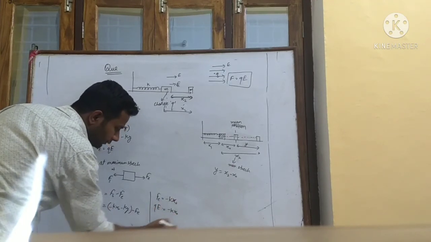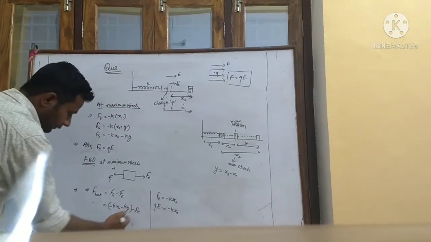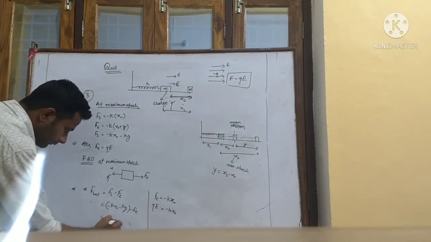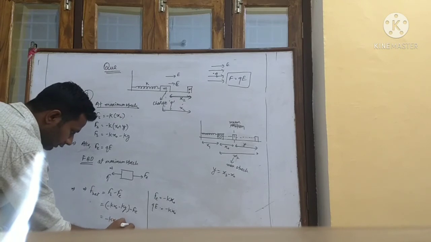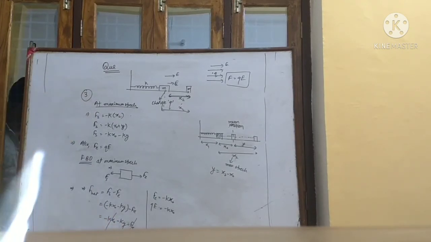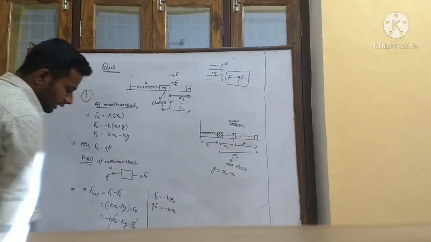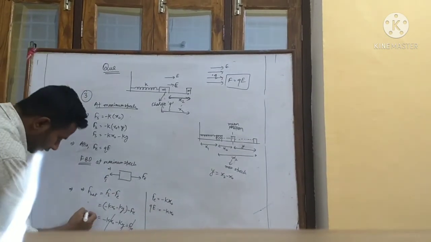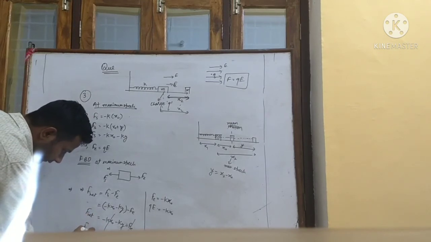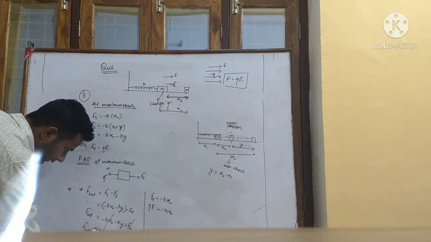We have seen this value in the second part. So now I am substituting this value: minus kx0 minus ky minus Fe. So this will get cancelled. F net will be minus ky.